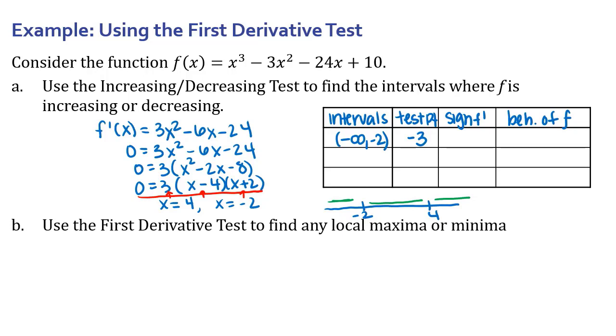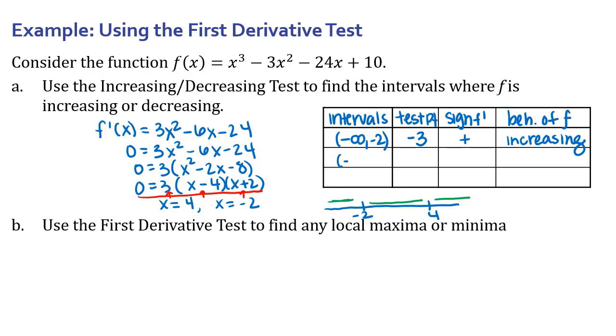So 3 times a negative times a negative ends up giving us a positive. That means the derivative is positive, so the behavior of f on that interval is increasing.